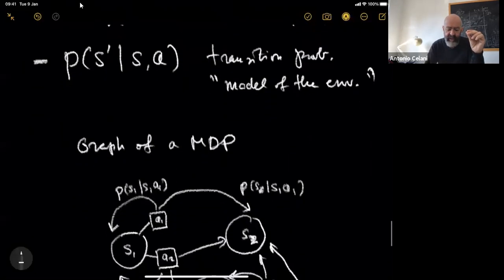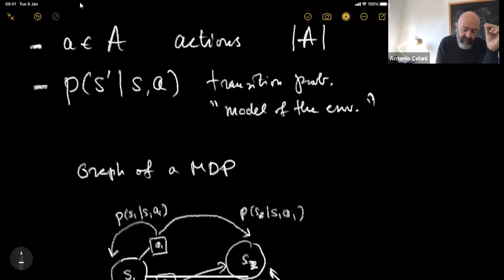That is, we want to make decisions here that affect what's coming after. And one way of doing this is to introduce the notion of a policy.